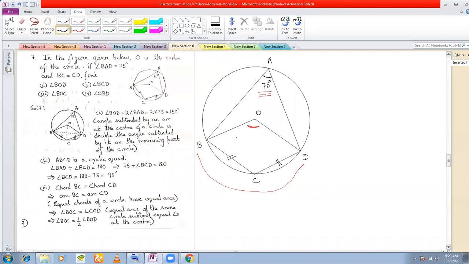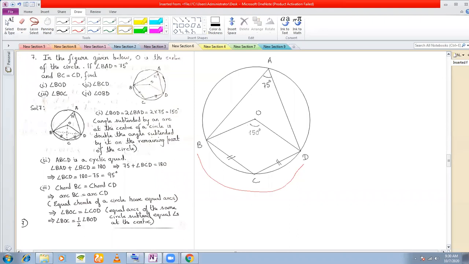So therefore, this angle BOD must be 75 into 2, 150 degrees. Okay. Anyone who could not understand? So we have found this angle to be 150. This is done, first part.